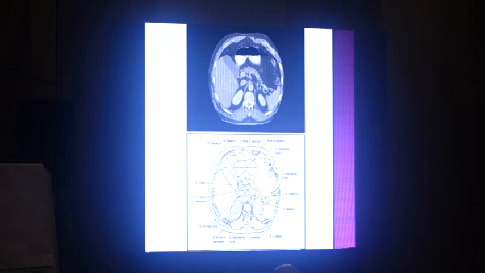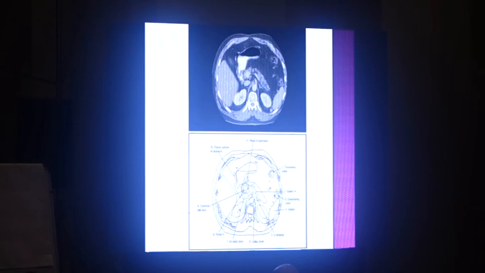Next. So gallbladder, pancreas, we can see that. Yeah, this is pancreas, gallbladder. Next. Now we can see the right kidney as well as left kidney.